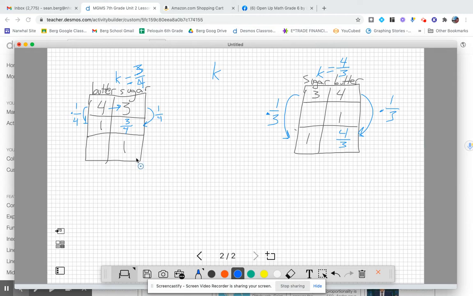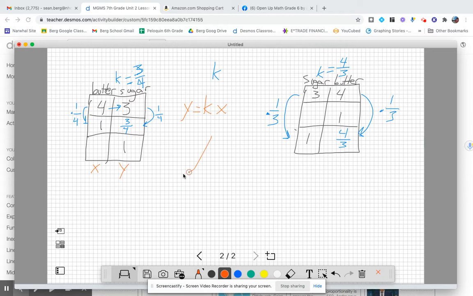Okay, now what I'm going to try to explain here in a different color is this whole idea of two variables, x and y. If we have butter as the x variable and y as the sugar variable, then sometimes it's important to be able to write an equation in the form of y equals the constant of proportionality times x.